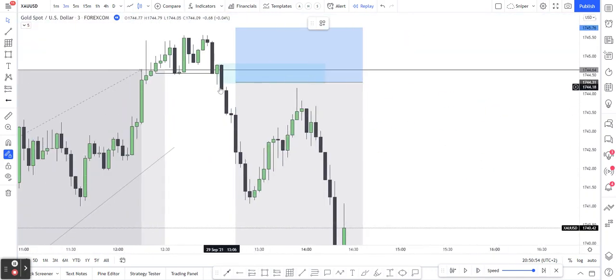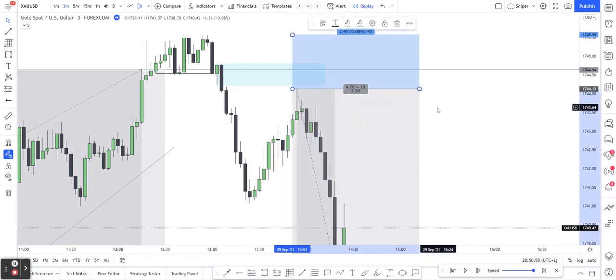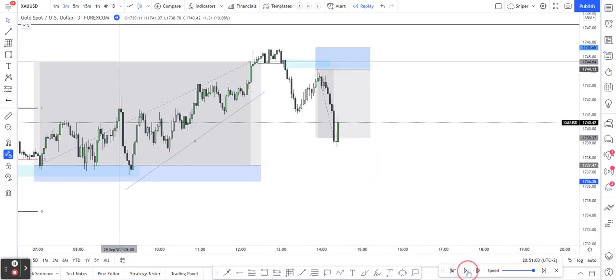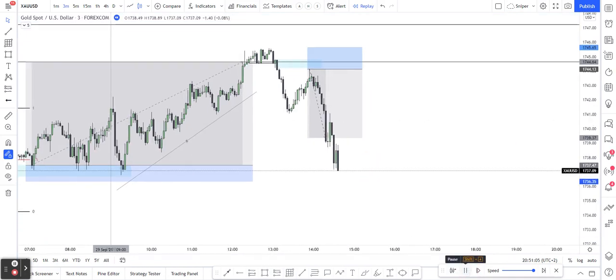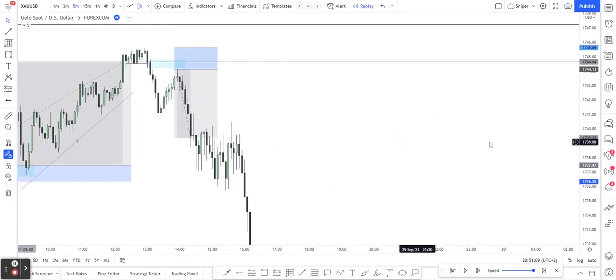Just make sure the zone is set. There's the zone. So if we just placed it below, there would have been the tag in. See price then continue down lower.